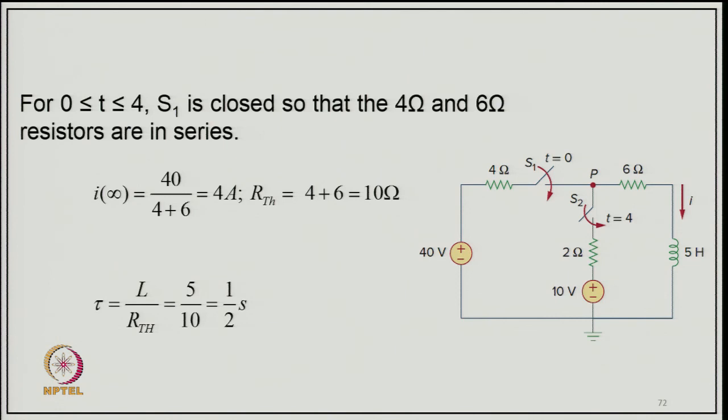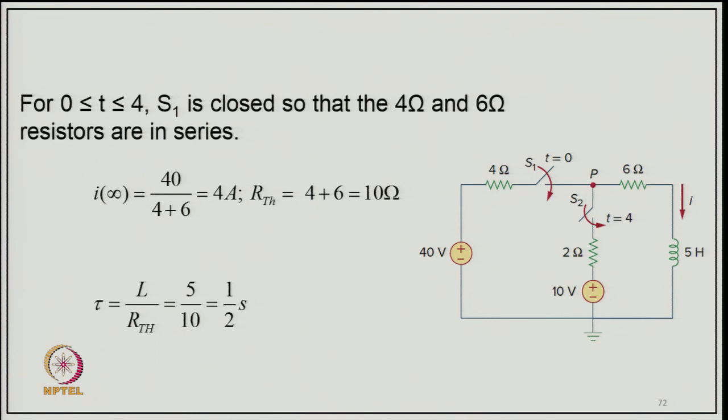Now for t from 0 to 4 seconds, S1 is closed. So, the 4 ohm and 6 ohm resistors are in series. The I infinity corresponding to that is 40 divided by 4 plus 6, that is 4 ampere, and RTH will be the sum of these two resistances, 4 plus 6, 10 ohm.